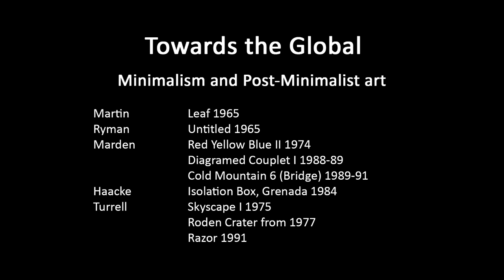Brice Marden, Red, Yellow, Blue number 2, 1974. The reason I'm showing you him is to show you one artist who worked in a very minimal way and then found the way beyond it. He ended up bringing back painted marks in this calligraphic way.